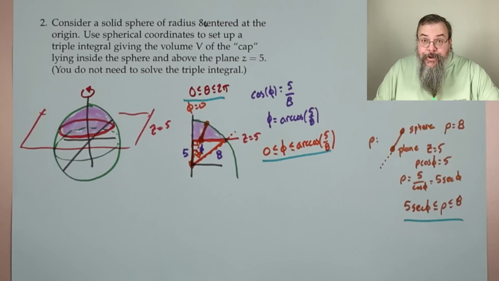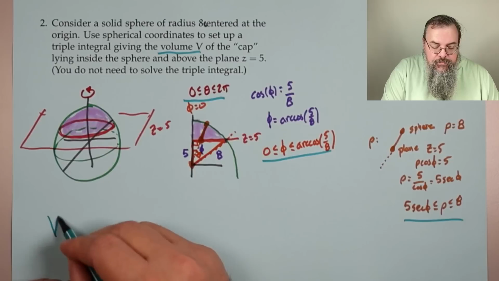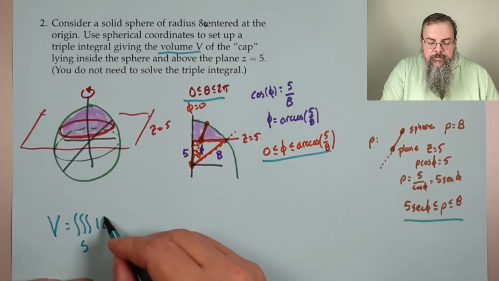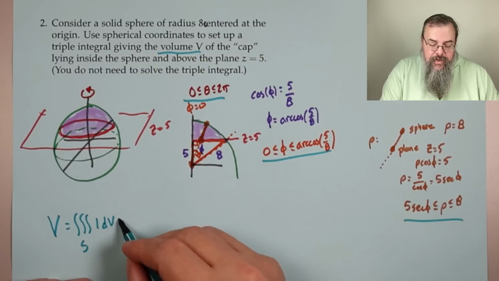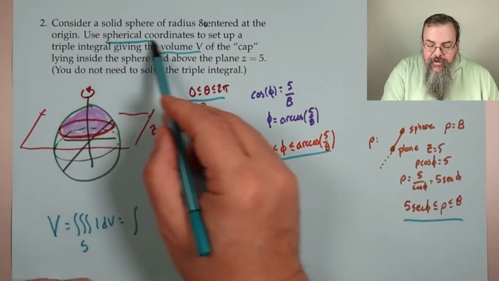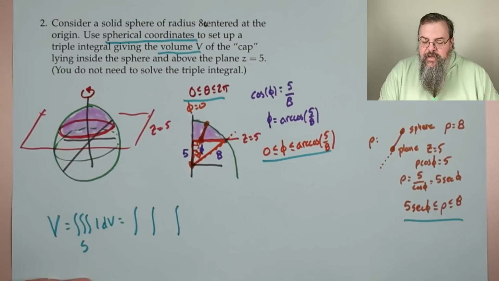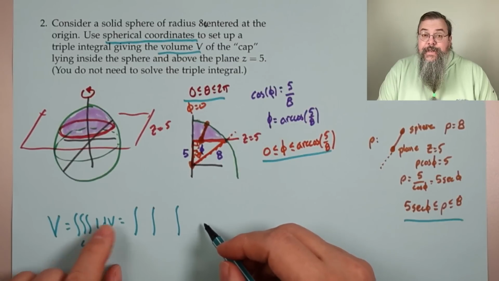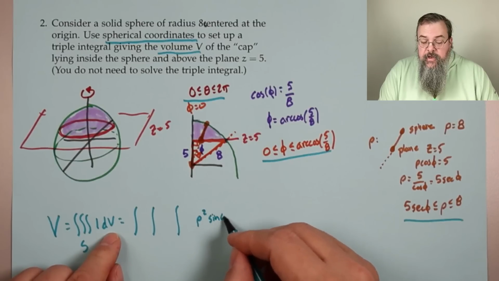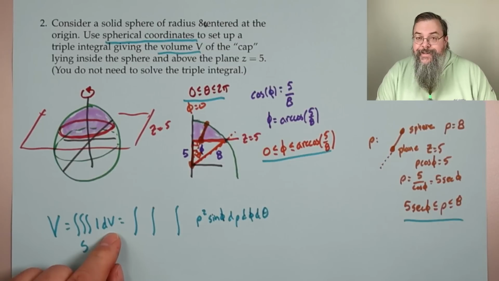We're after a volume, because that's what it tells us. So our volume is the integral over our solid of 1. Well, we're going into spherical coordinates, so that becomes the integral, integral, integral of 1 dV. And that's rho squared sine of phi, d rho, d phi, d theta, right?